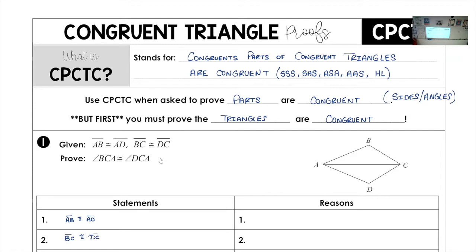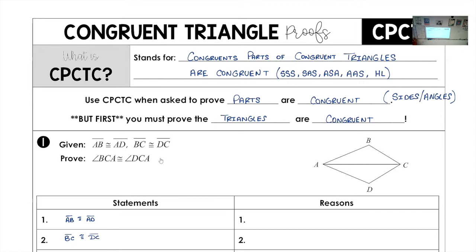How many pieces did we need to prove congruence? 3. How many pieces total are in our congruent triangles? 6. So if we only need 3, corresponding parts will help us find the remaining 3 out of the 6.